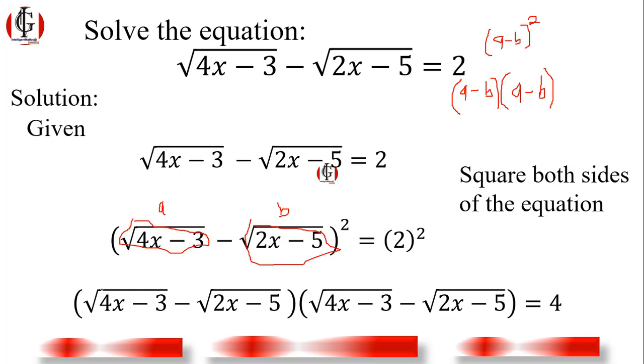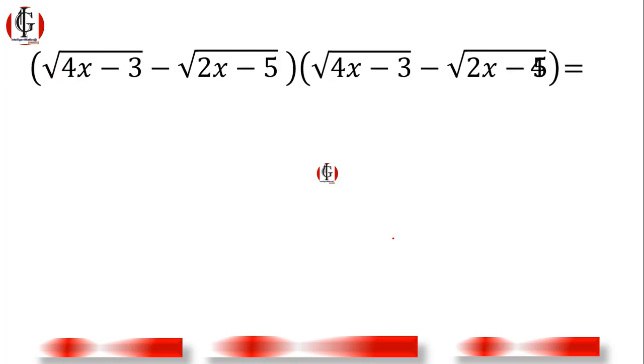So that gives us the square root of 4x minus 3 minus the square root of 2x minus 5, times the square root of 4x minus 3 minus the square root of 2x minus 5, equals 4, since 2 raised to the power 2 equals 4. Now, how do we expand this further?